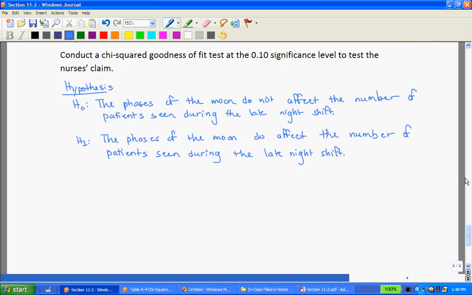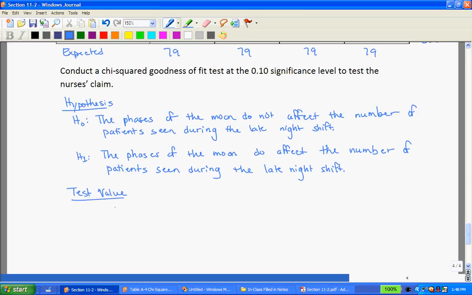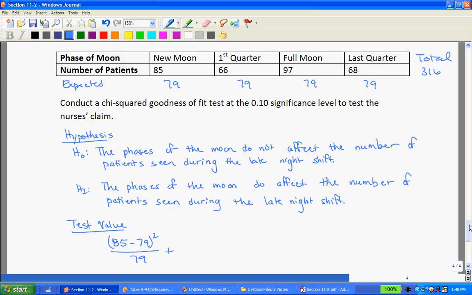Okay, now we need our test value or test statistic. So I need to find the difference between each observed value and the expected value, which is 79, square it and divide by the expected. Same thing for first quarter, 66 minus 79 squared divided by 79.